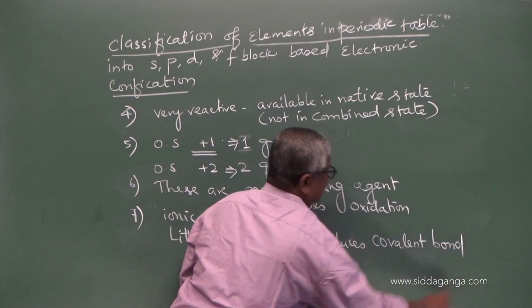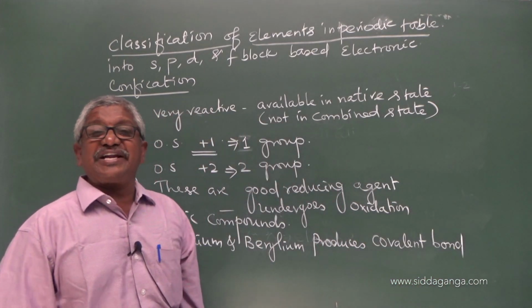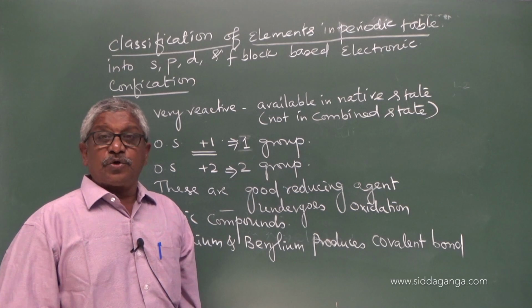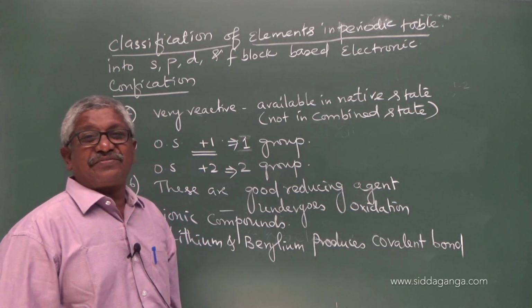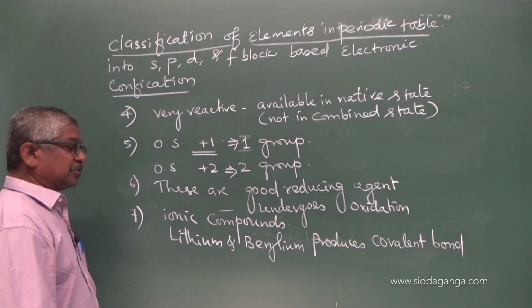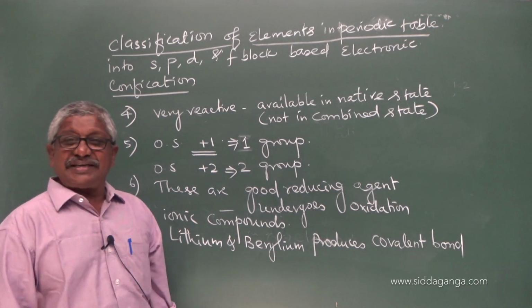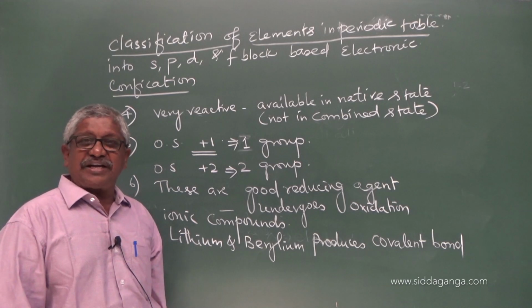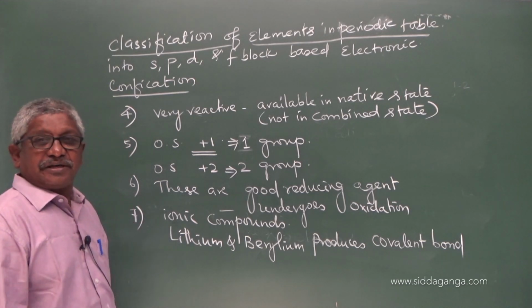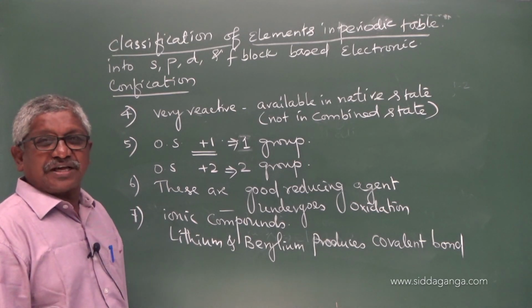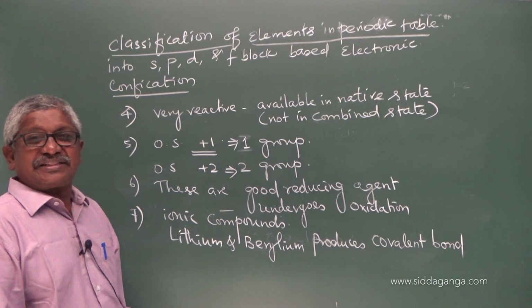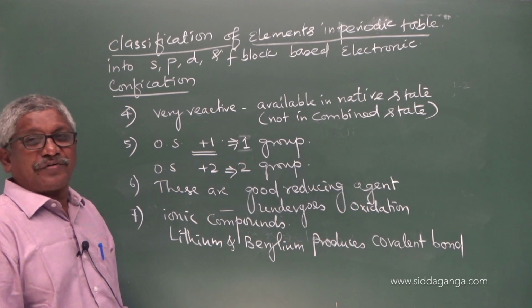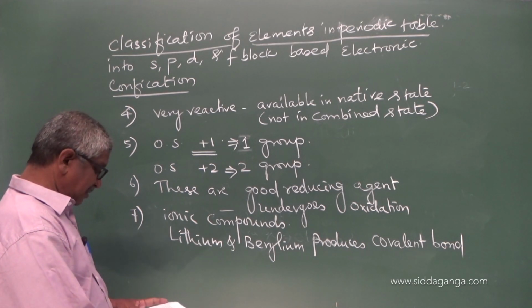Covalent bond is formed by mutual sharing of electrons. So in majority of cases, S block elements produce ionic bonds. In few cases like lithium and beryllium, they produce covalent bonded compounds.